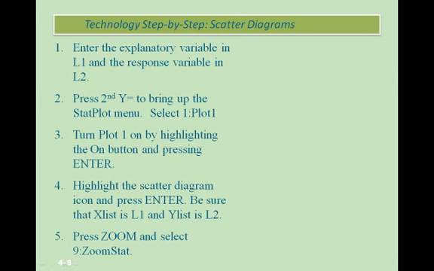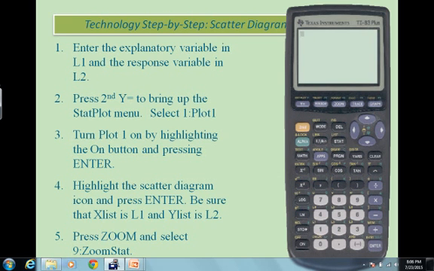So let's look at creating scatter diagrams on our TI-83 calculator. The first thing to do is to enter the explanatory variable in list 1 and the response variable in list 2. So on our calculator, we press the Stat button first and then hit Enter to edit. And we see our lists. List 1 is where we want to list our x variables from our data.